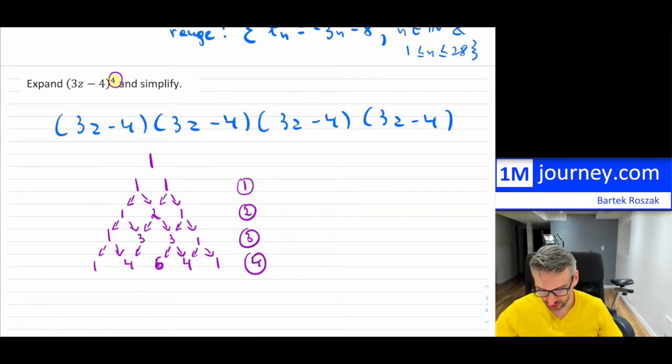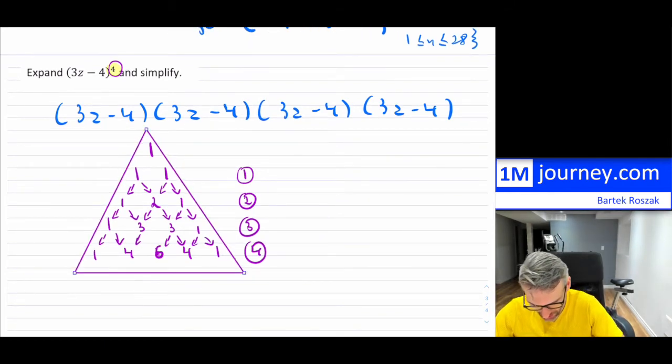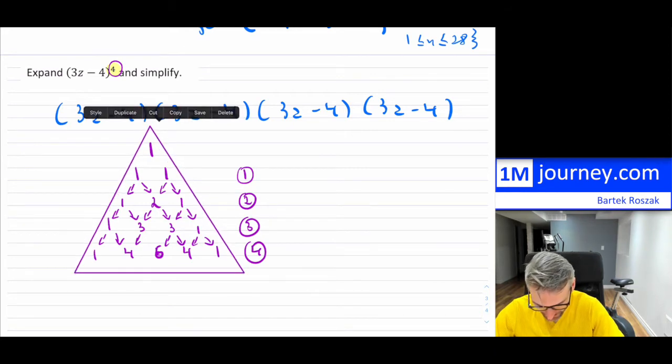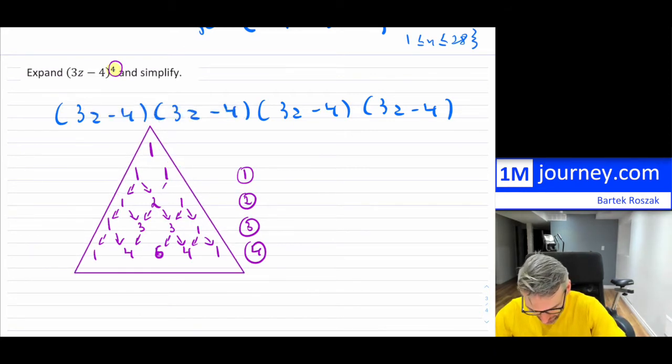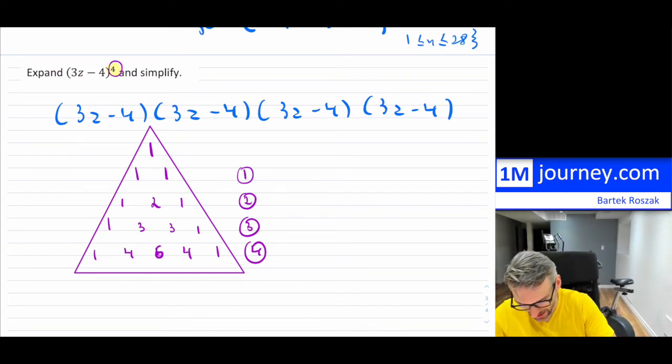Now, if they torture you and tell you fifth or something, you can continue with this triangle. So this is what makes it a triangle, because it just keeps going in that direction. Let me remove. And what you're doing is you're just adding those up. All right. So that's Pascal's triangle. Now you can use that, and what that means is these are your coefficients.